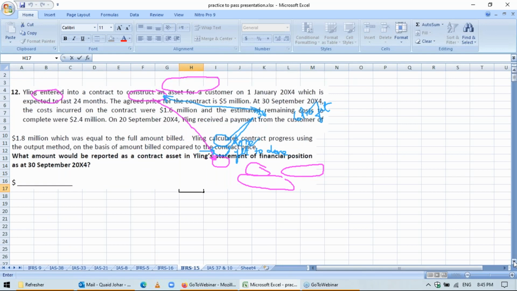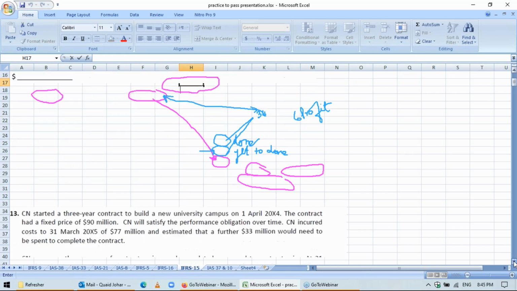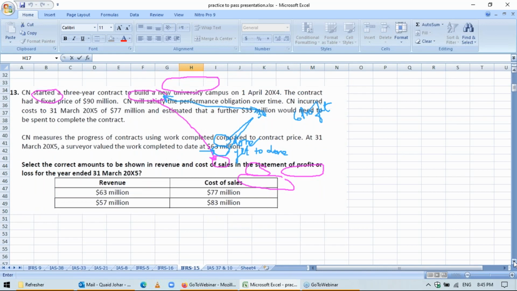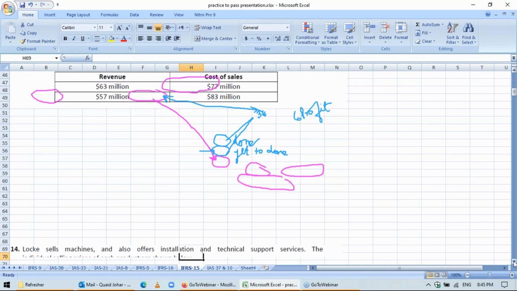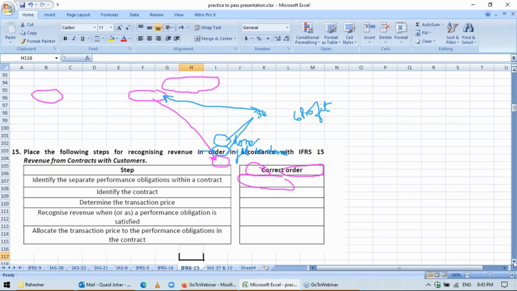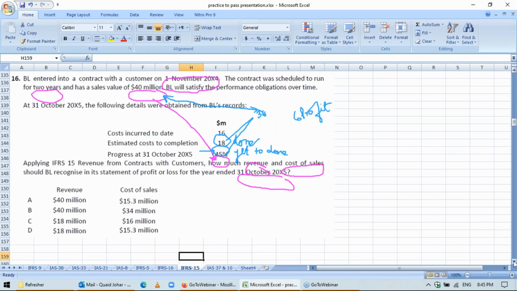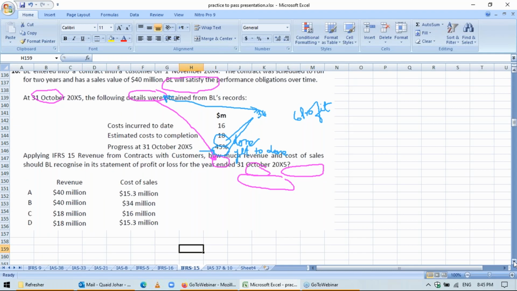Sorry, we're doing question number 16. Move back to question 16. So the revenue that will be recognized should be 40 million, the full price, multiplied by 45%.